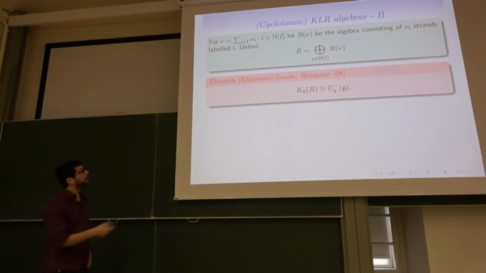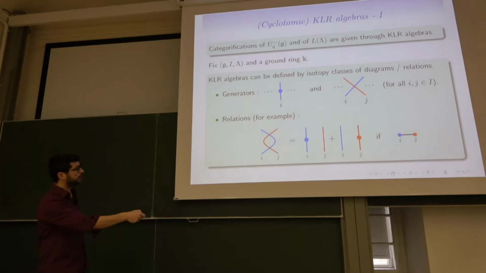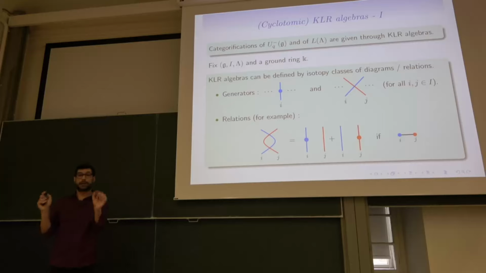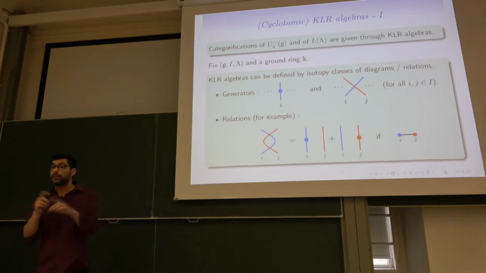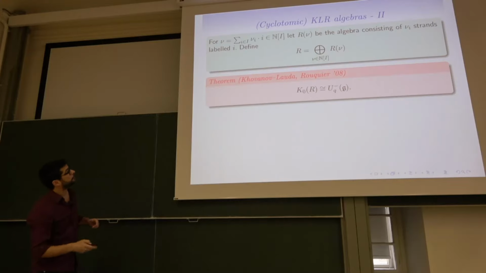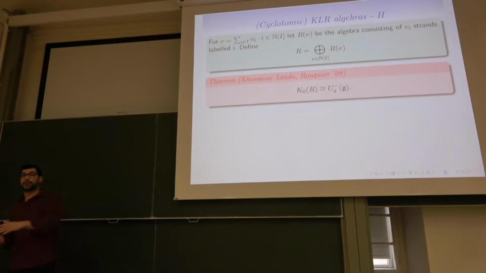Now, if you call nu the sum of the colors, so these labels of the strands correspond to simple roots or nodes in your Dynkin diagram. The combinatorics of the algebra is encoded by the Dynkin diagram. And so this nu is just a weight, a sum of simple roots, that is, a formal sum of the colors of the strands.